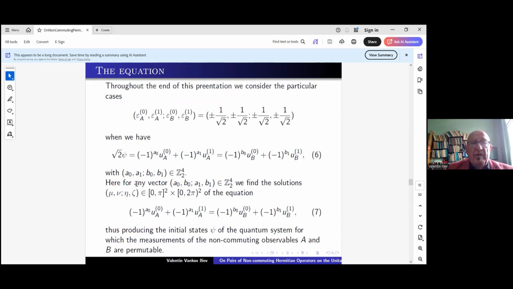So our idea is to solve those equations here for any four-dimensional vector a0, a1, b0, b1, and we found the solution of this equation in terms of polar coordinates.